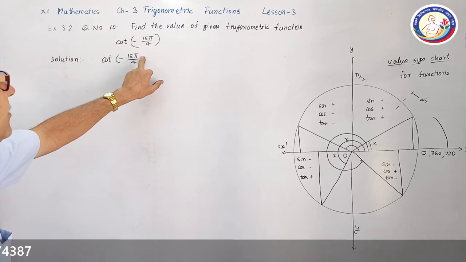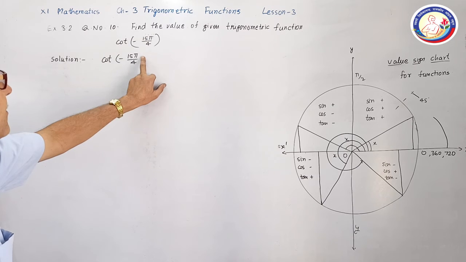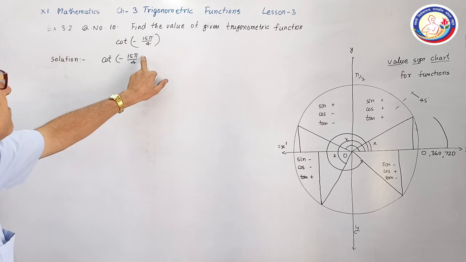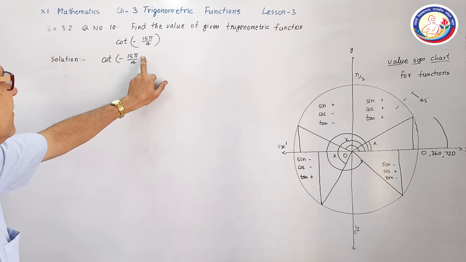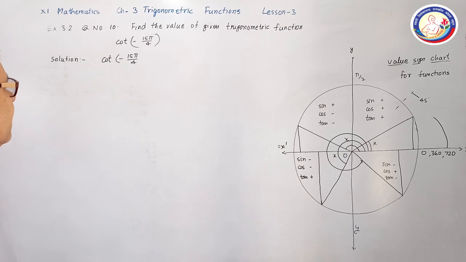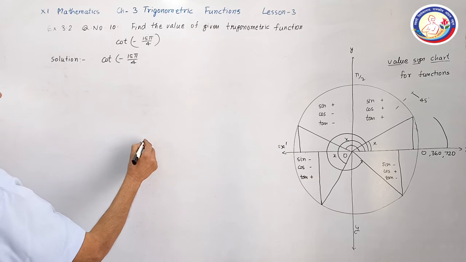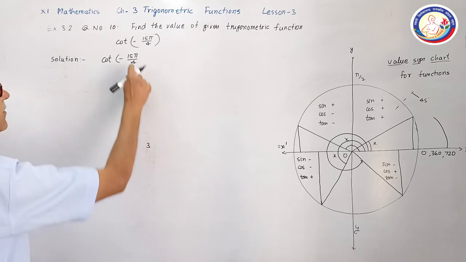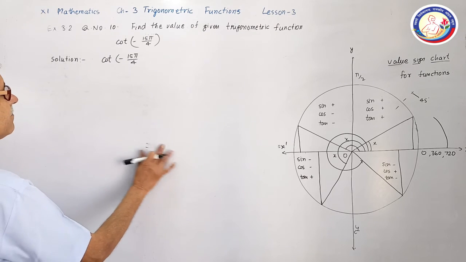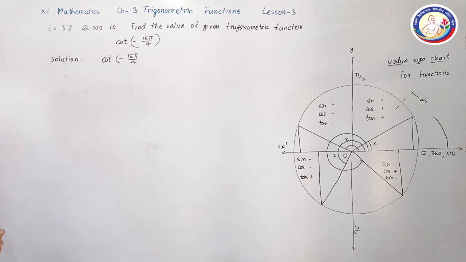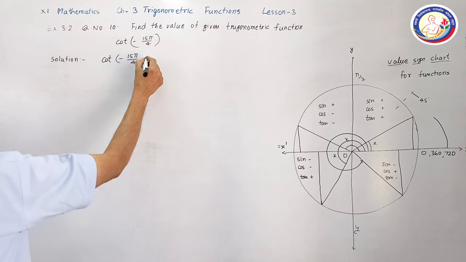If we add 2 pi to this, it will still be negative. 4 pi, then negative. 6 pi, see this. Divide this 15 pi by 4, it is 3 times divisible. So we will add 4 pi to this to make it positive.